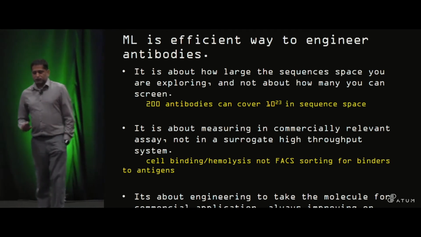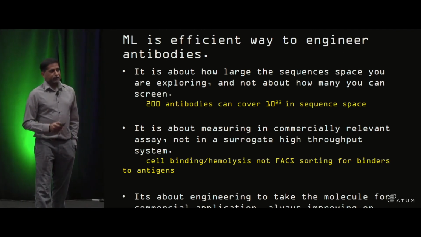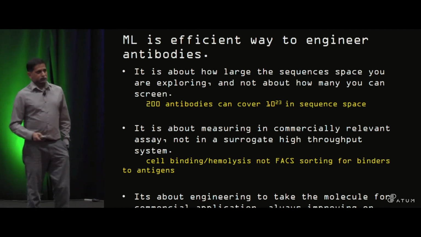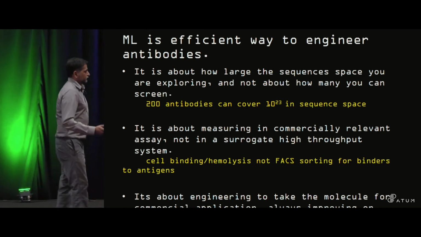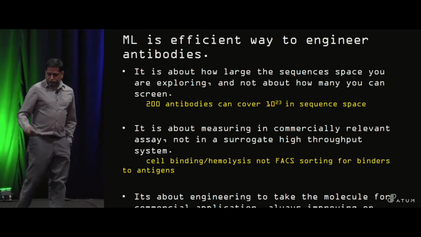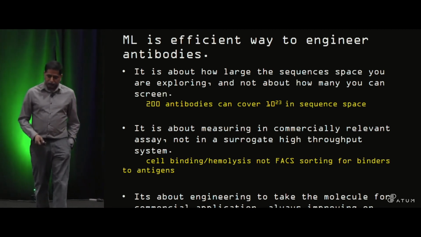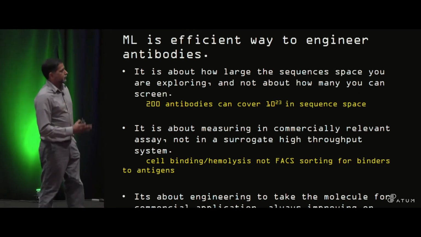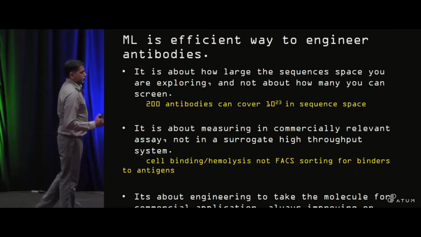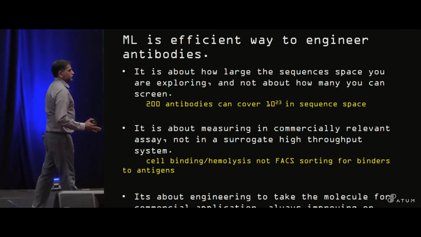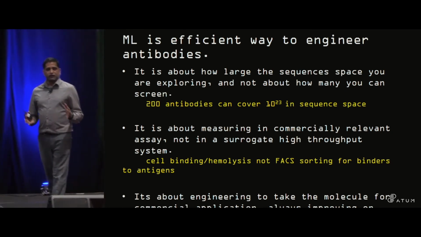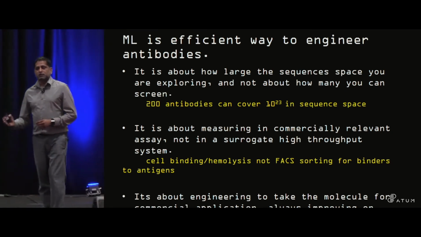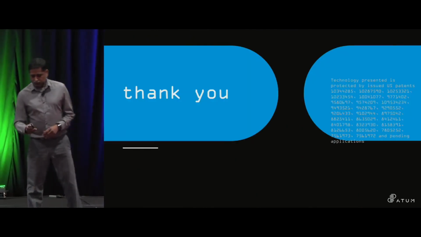And again, it's important that you measure what you care about, not because there was an instrument available that can do screening at 10 to the 6, 10 to the 8, and so on. And the last point is not clear here, but again, it's about engineering the molecule for commercial application. It's not about just increasing the binding affinity, so you have to take into account any number of dimensions or activities that are key for developability.